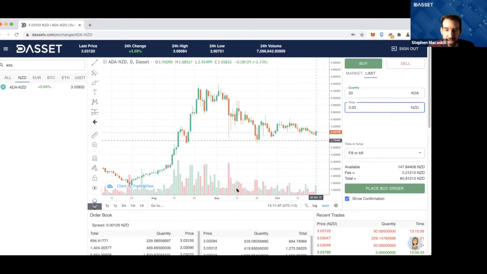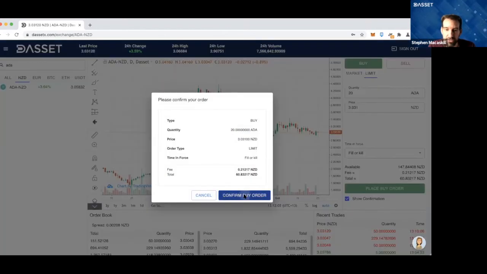But let's see if I can do this. I'm going to try and snipe and place an order between these two without it executing for 20. And in theory, this order should just cancel.